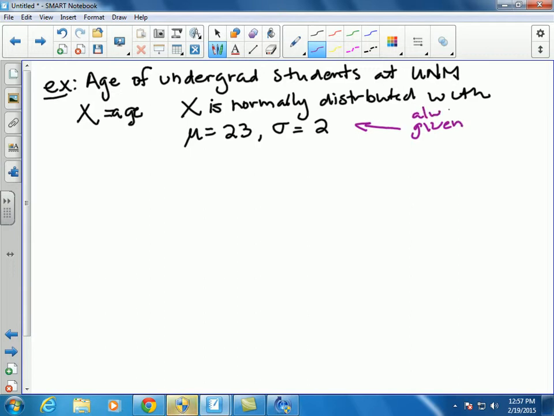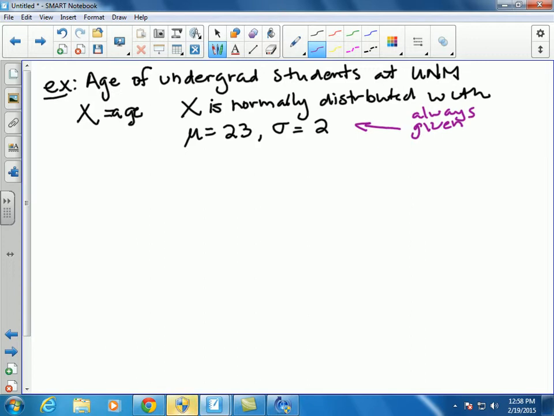You don't have enough mathematical background to find those on your own, nor do we expect you to do that. So that's always given to you. You don't have to be concerned with how those come about. It's by taking sample after sample of undergrad students at UNM and finding what their average age is, and then that can be assumed to be the population average age at UNM.